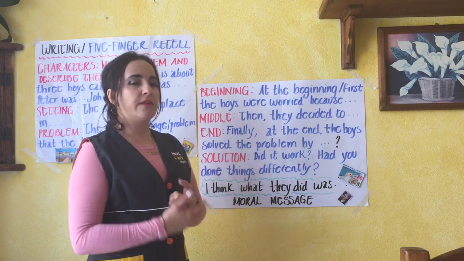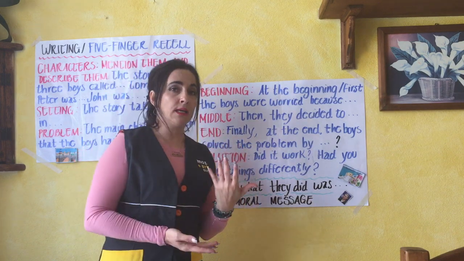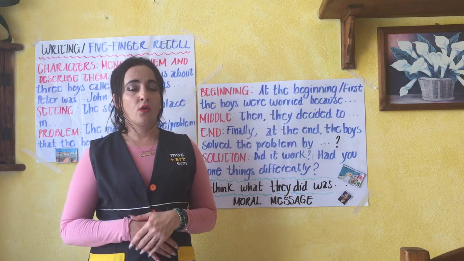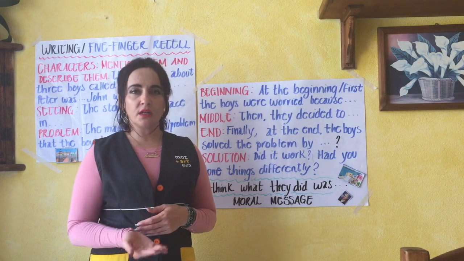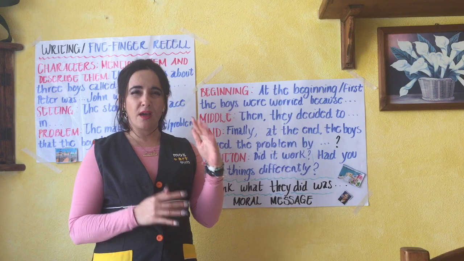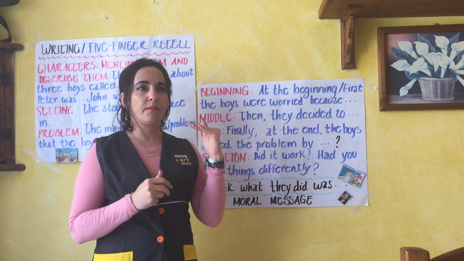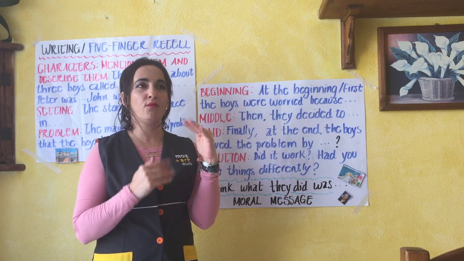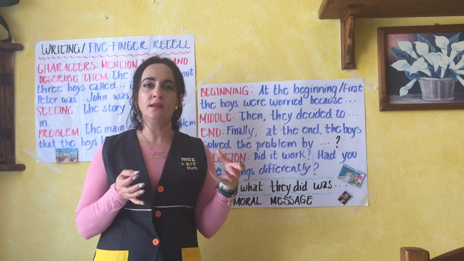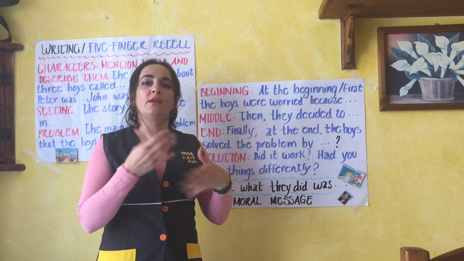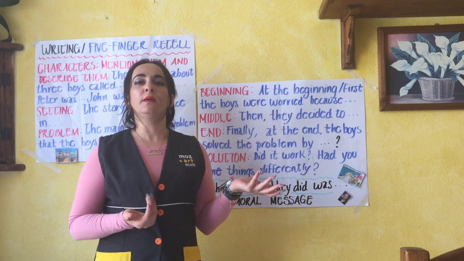In the middle, you have to use words like then, or next, or afterwards, or additionally, to talk about the main part of the story. It's where everything gets complicated, and that's where you know you're talking about the middle.